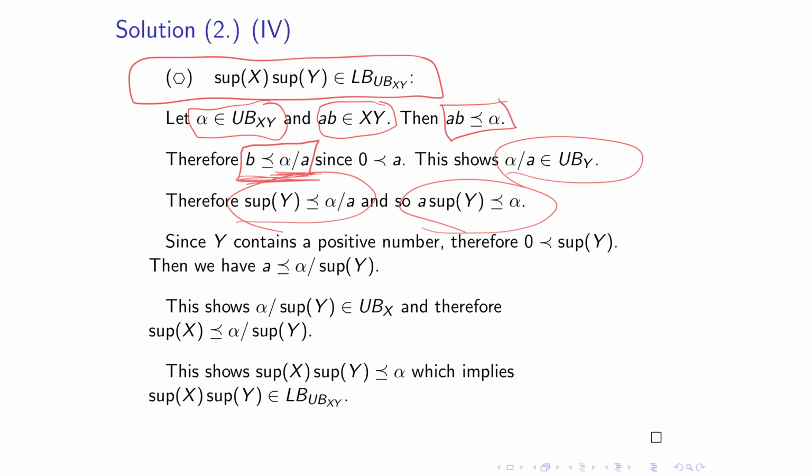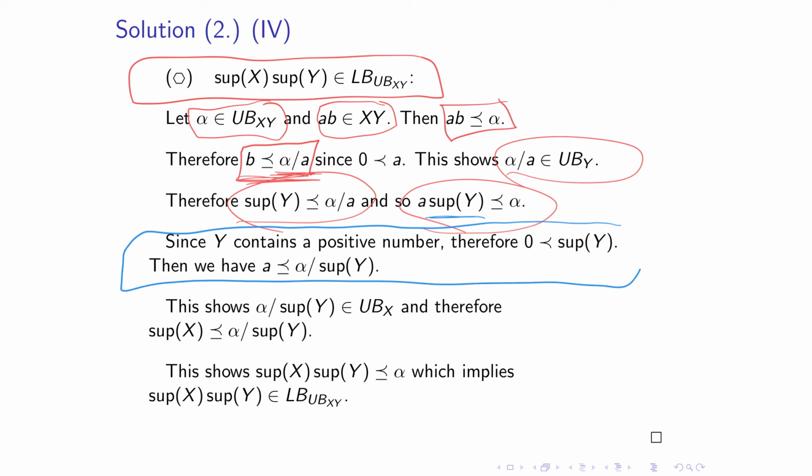But at this moment, what we want to do then is divide sup y to the other side. Although it is a set of positive numbers and you would expect perhaps sup y to be positive, we probably ought to give a clear, rigorous explanation for why that is true. Well, since y contains a positive number, then sup y must be positive.